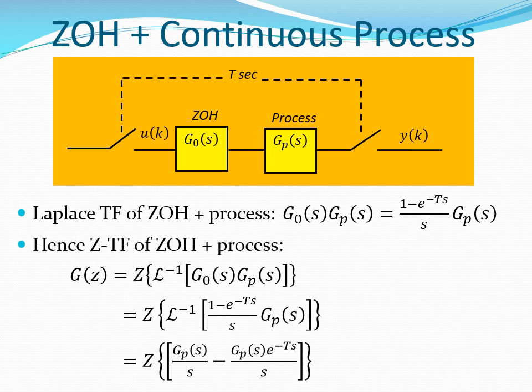We get our overall TF as (1 minus e to the minus Ts) over s, multiplied by Gp(s). To obtain G(z), we use the methods that we have already used to convert a Laplace transfer function into a Z transfer function. We obtain the expression shown.